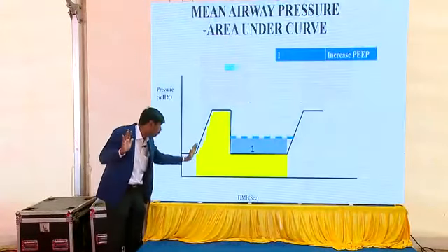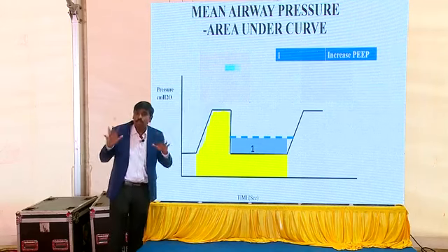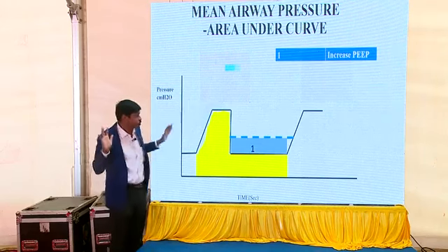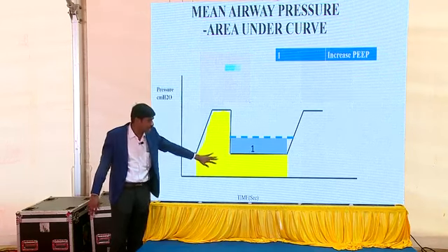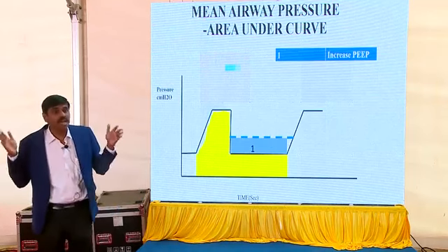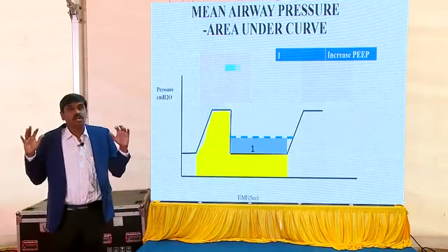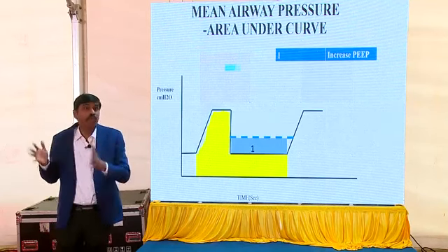So the faster the slope reaches the peak pressure, that's dependent on the flow, but you're not going to touch it. Now the yellow area here indicates the area under the curve, and that's called the mean airway pressure. In fact, the more you get to know ventilation, you just don't look at the PIP, PEEP and those numbers.